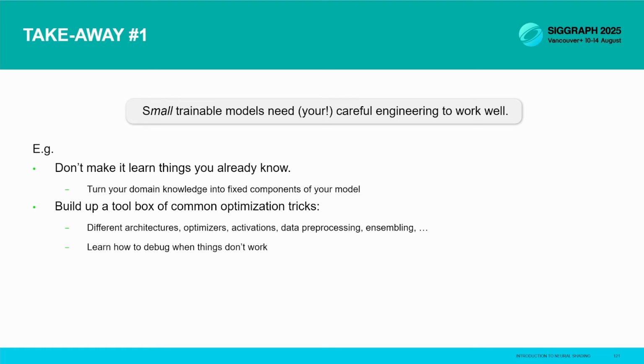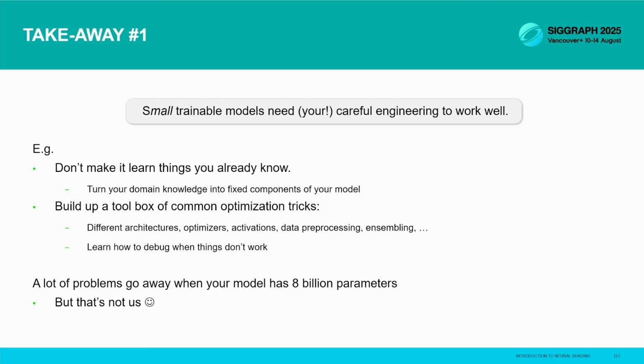The tricks that I showed you don't work in every case. The solutions might vary depending on your application, but these are some things that are useful to try. Now, some of this stuff that I just recommended actually runs counter to good practices in modern machine learning. This is because a lot of the problems that we saw just go away when your model has billions of parameters.